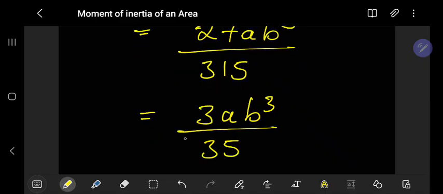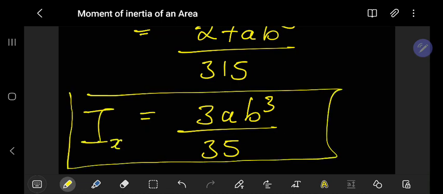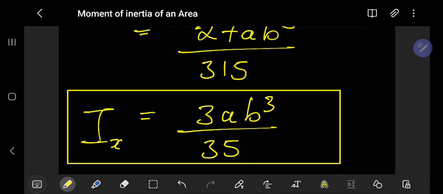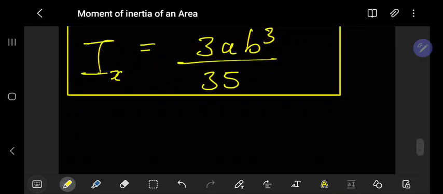Notice that this expression we have obtained is the same expression we obtained when we used that other method where we just went directly. Because from here, we can get the moment of inertia Ix. Again, not I1, Ix. You can get what Ix is by just plugging in what A is and what B is.